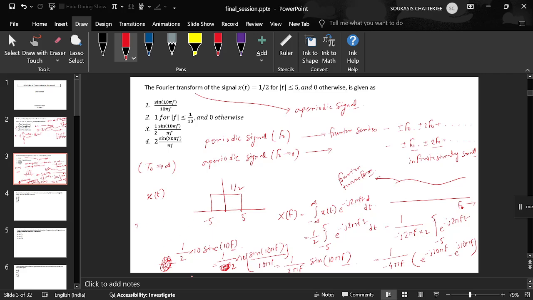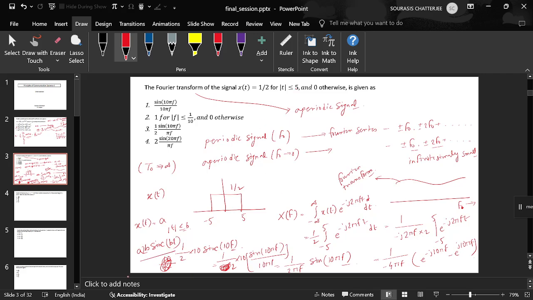So if x of t is a function with the value a in the interval absolute value of t less than or equal to b, its Fourier transform is going to be a times 2b sinc 2b f.